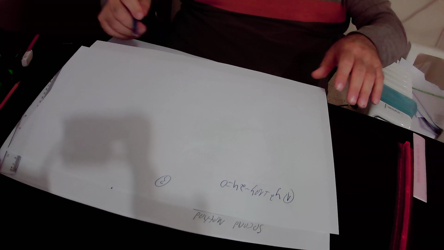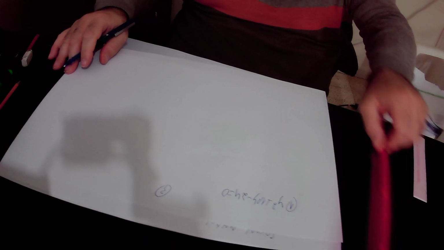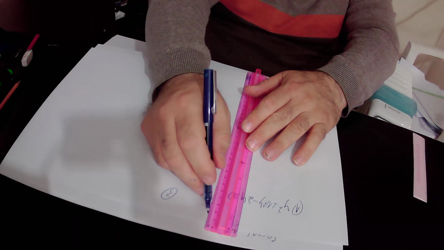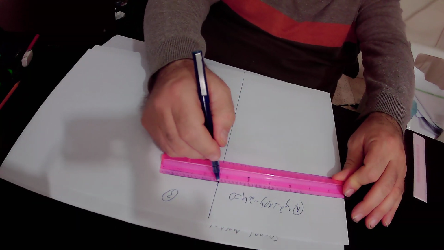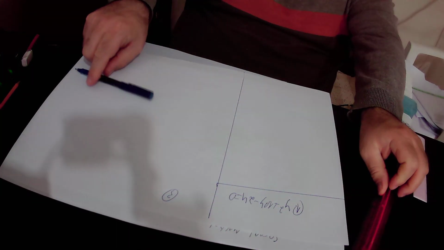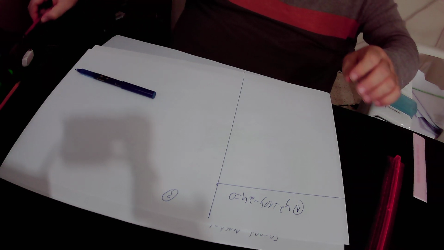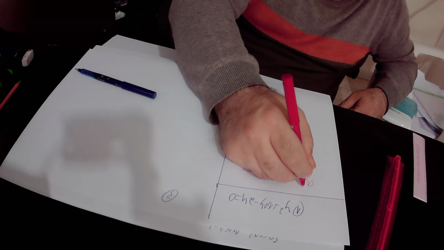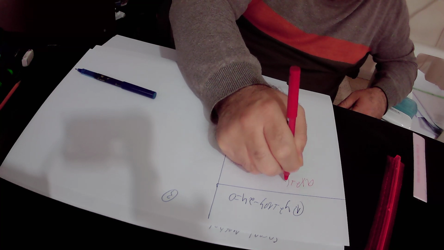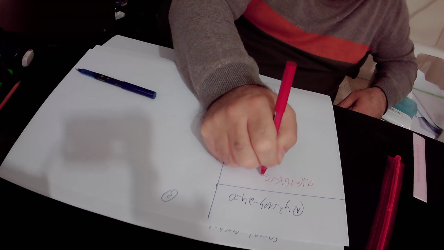So we have here a quadratic equation, and the general form of a quadratic equation is ax squared plus bx plus c equals 0.